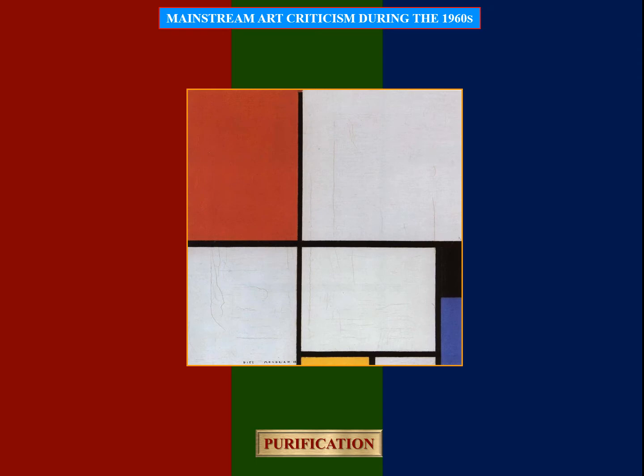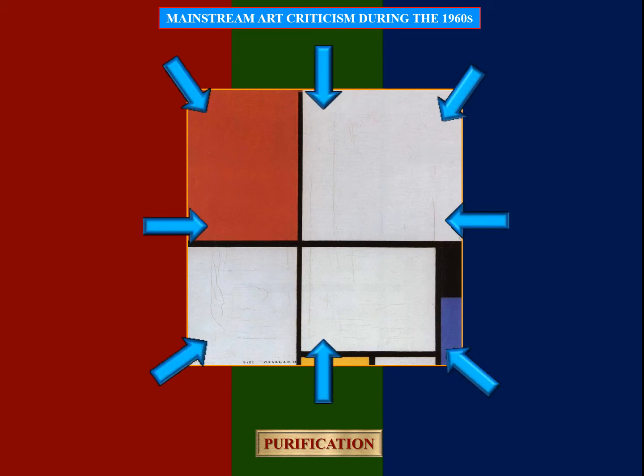Well, now, in the time of Greenberg in the 1960s, that thought, that premise really came to blossom. Purification in the head of Greenberg meant that a painting referred only to itself.